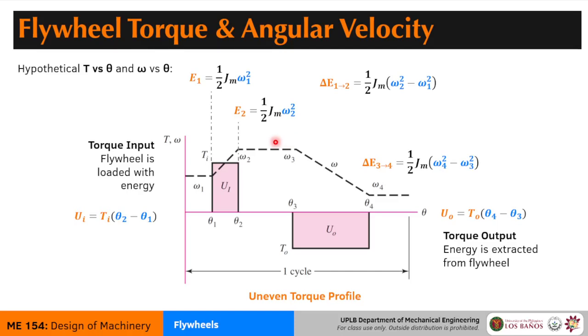So if we assume that the flywheel is just meant to simply service this amount of energy, then we can assume that this shaded area here must equal this negative area here.